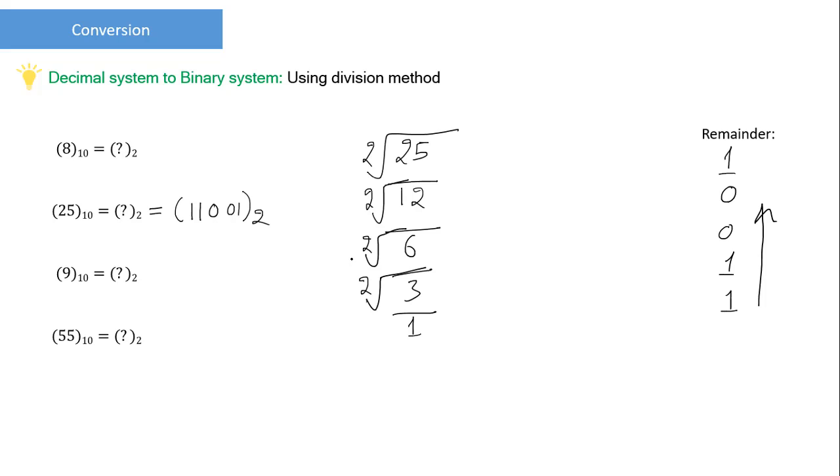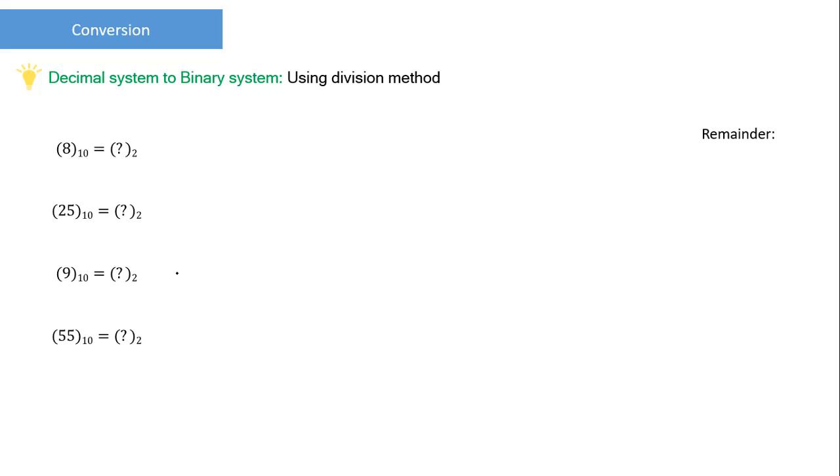Now let's move on to the next question. Here we have 9. So 9 divided by 2, we get the quotient as 4. Since this is an odd number, we'll get a remainder of 1. 4 divided by 2, we will get quotient as 2.